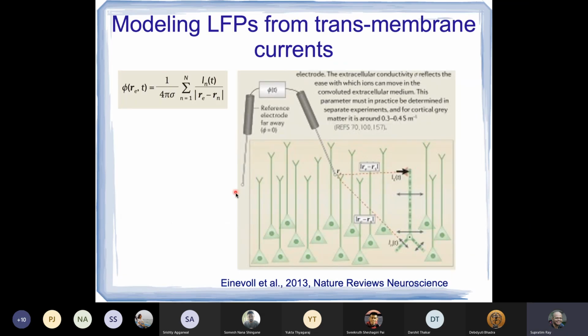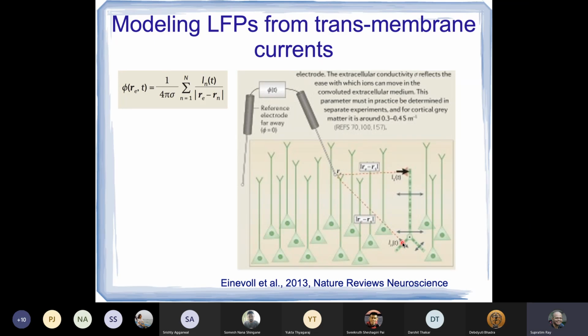With respect to some ground reference electrode, which is quite far away. And I'm looking at the contribution to this potential from this little current here, and this formula tells you what it is. For the nth current source, I've divided each neuron into n compartments.